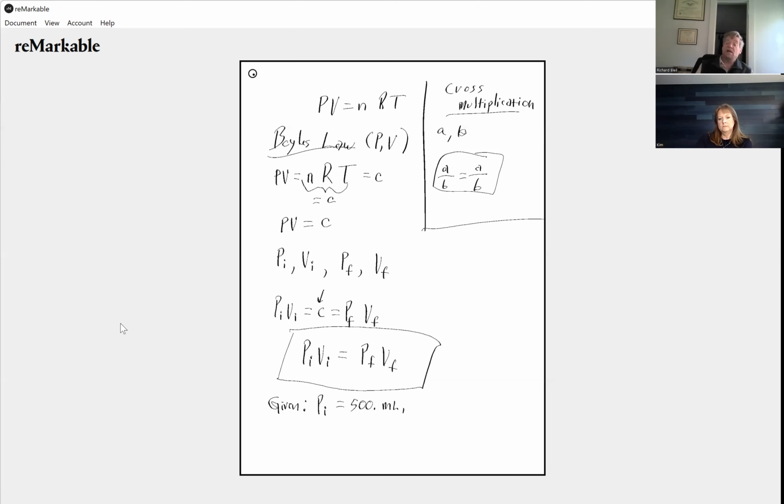At atmospheric, well, let's say it's a little bit low pressure today. I think we have a low pressure zone coming in. So we're going to say 500 milliliters is our initial volume. Shoot, it's not pressure, that's volume. And our initial pressure is 758 millimeters of mercury.